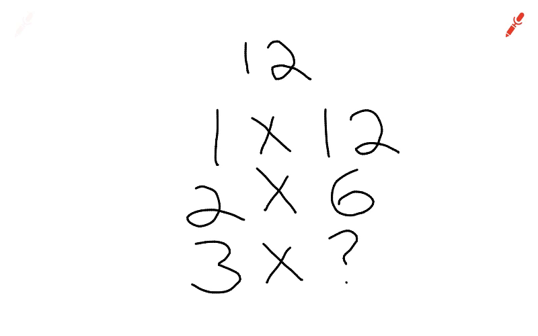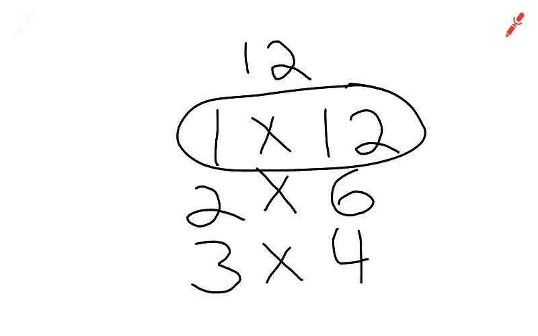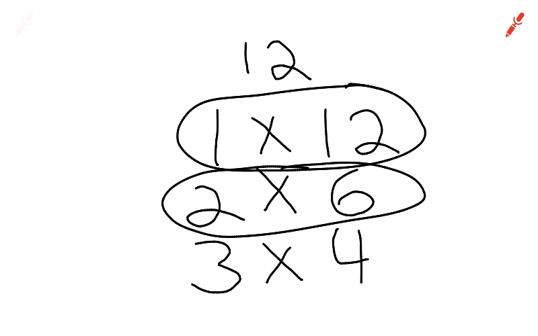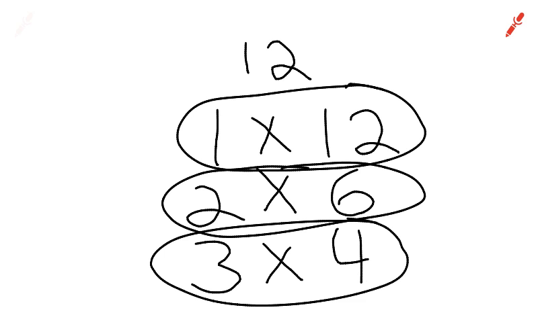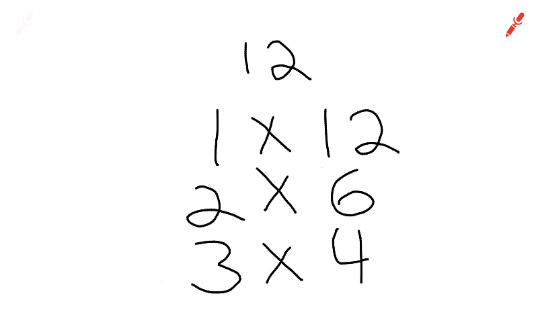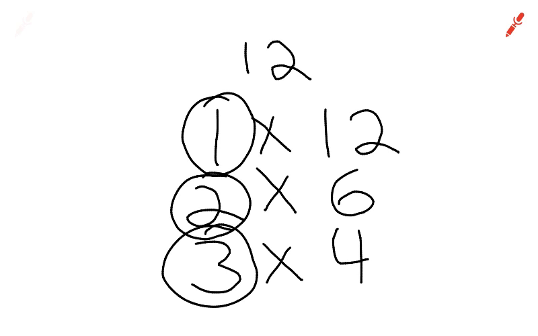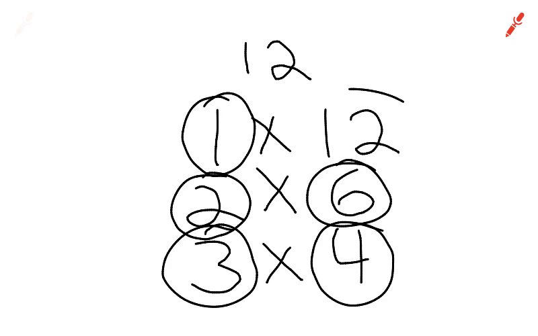And 3 times what is 12? 3 times 4 is 12. And so our pairs of factors are 1 and 12, 2 and 6, and 3 and 4. And then our factors are in this order: 1, 2, 3, 4, 6, 12. Those are all the numbers that go into 12 evenly, that factor into 12.